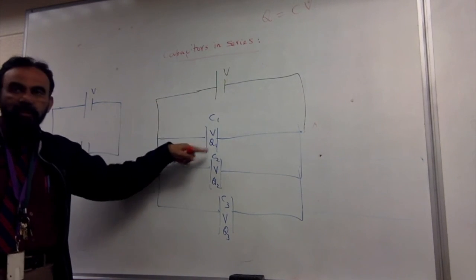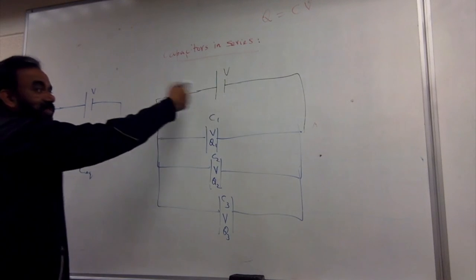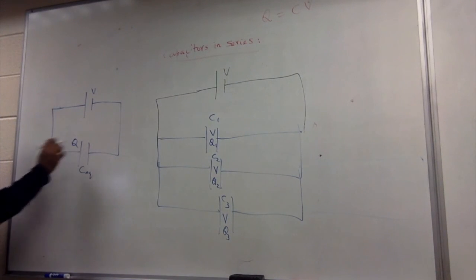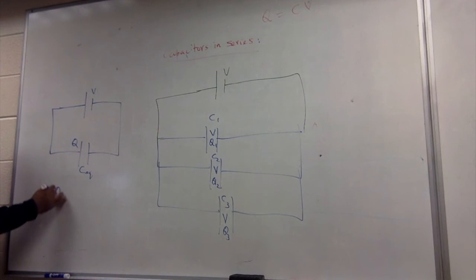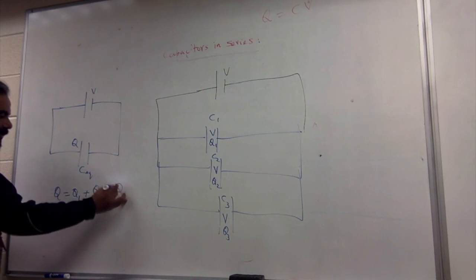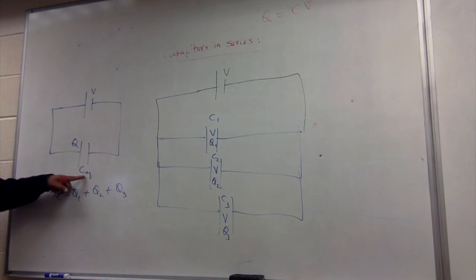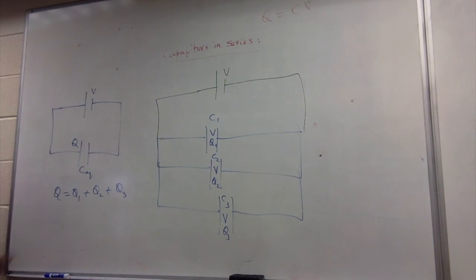Because it's sending Q1 here and Q2 here and Q3 here. So the total charge that this is delivering is Q, such that Q is equal to Q1 plus Q2 plus Q3. And what is Q in terms of C equivalent and V? C equivalent times V.